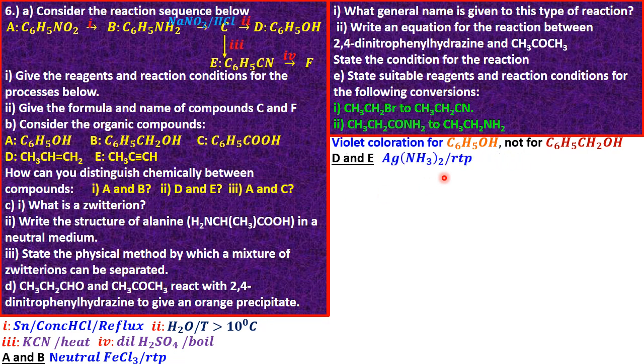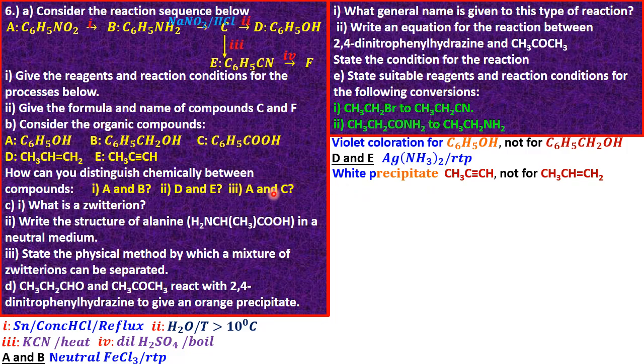Namely, for D and E, you're going to use ammoniacal silver nitrate at room temperature. What is our observation, guys? We're going to see a white precipitate in the test tube that has the C triple bond CH, but not for this compound.